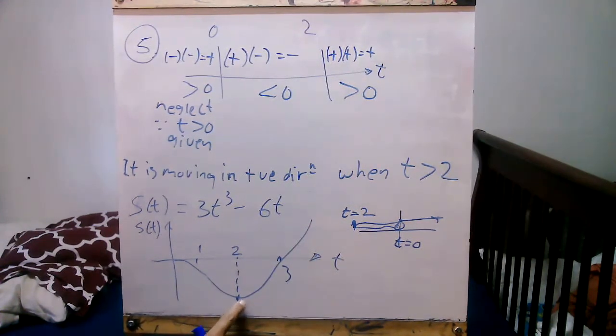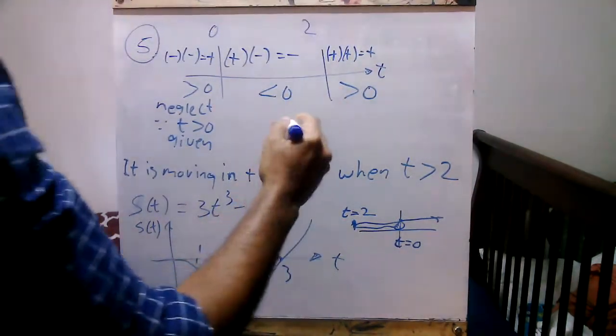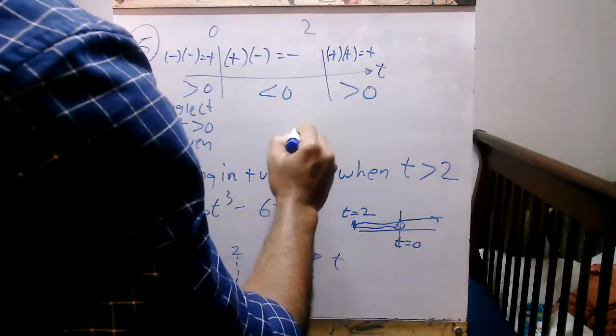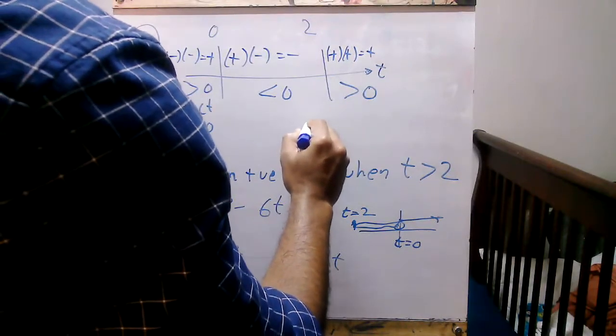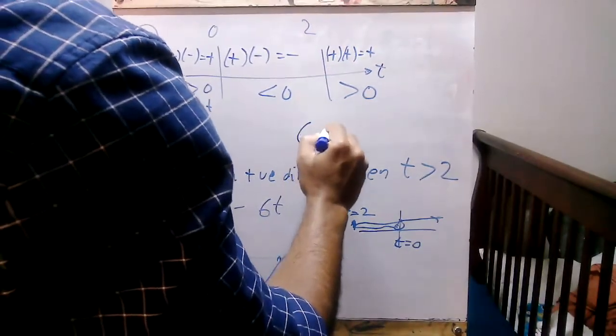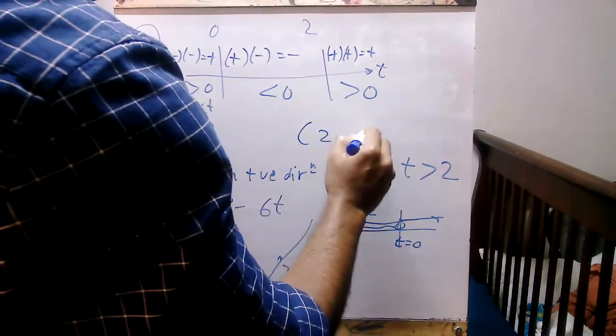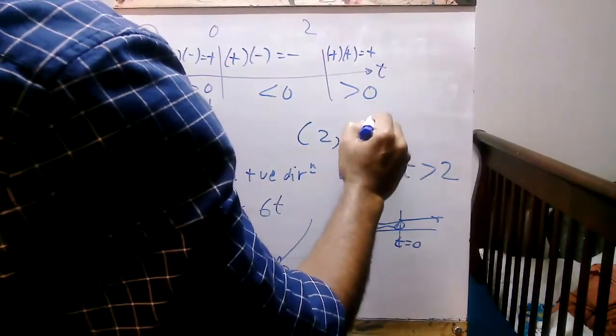This is the place where v becomes greater than 0. In this region, the velocity is negative. That's why it's going in the negative direction. From 2 to infinity, it is positive. Therefore, you can write this as 2 to infinity in interval notation.